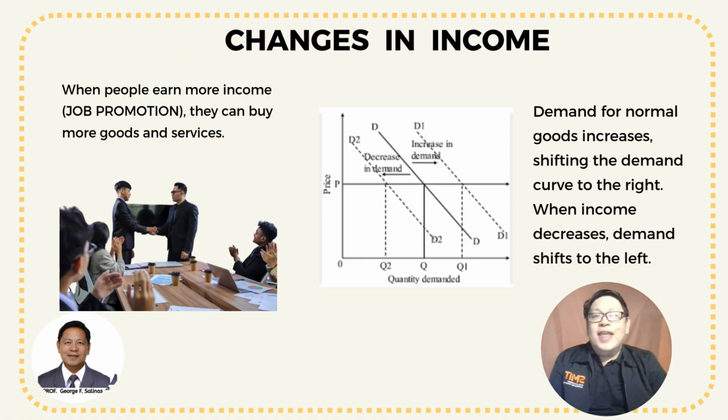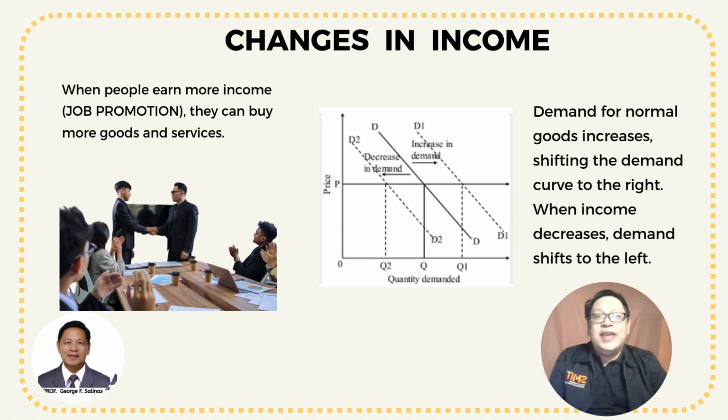So now, let's talk about the changes in income. The demand increases as consumer income rises. Please note that this is a direct or positive relationship. The examples include buying a new car, getting branded clothing, and going to fine dining restaurants. Naturally, if there's an increase in income, you want to upgrade your lifestyle.